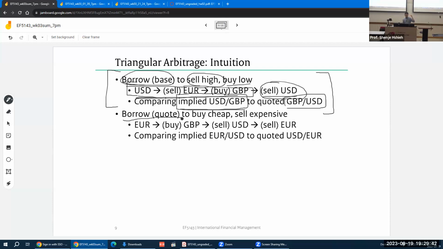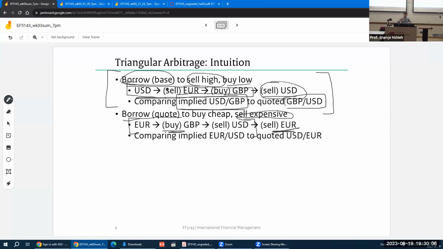And then you're going to try to sell that underlying currency that you bought at a higher price, okay? So here, you're borrowing the euros and we're going to try to buy it cheap. And then lastly going to try to sell it for expensive. Right.